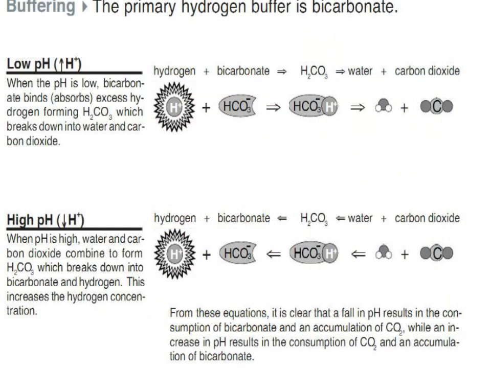And when there is a high pH, that is decreased H plus, the carbon dioxide and water combine to form H2CO3, which breaks down into bicarbonate and hydrogen ion, and bicarbonate ion is excreted and hydrogen is retained.